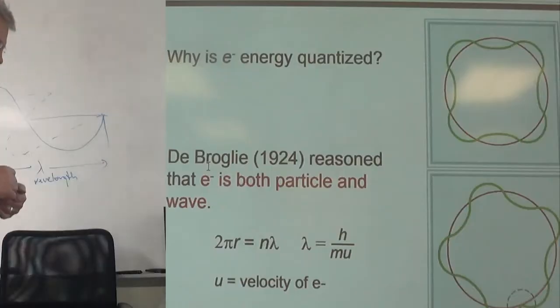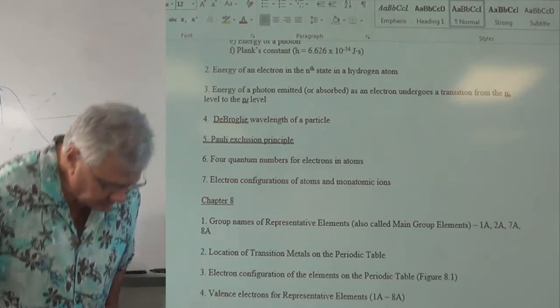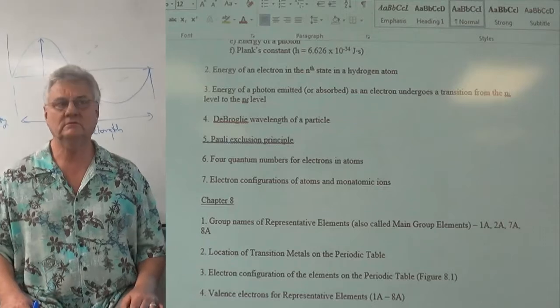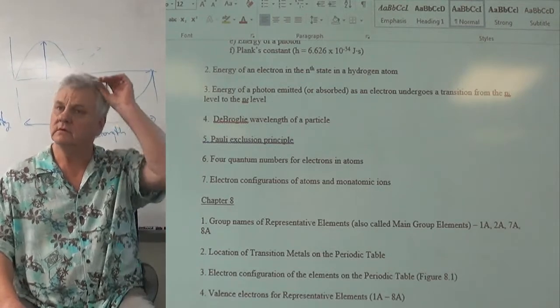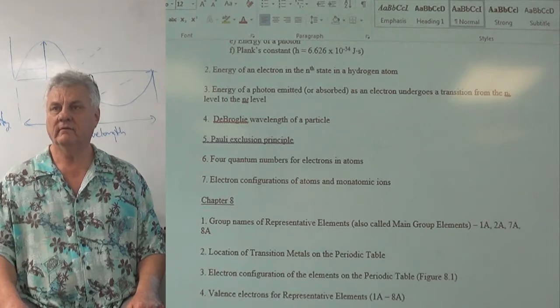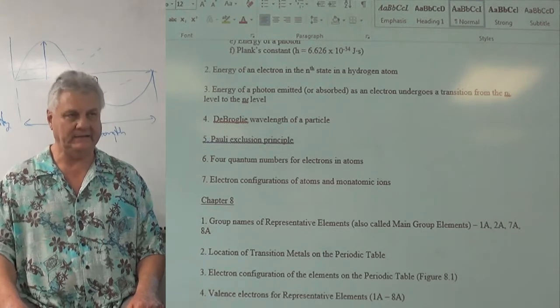Okay? Does anyone remember what the definition of the Pauli exclusion principle is? No two electrons in an atom can have the same 4 quantum numbers. Right.